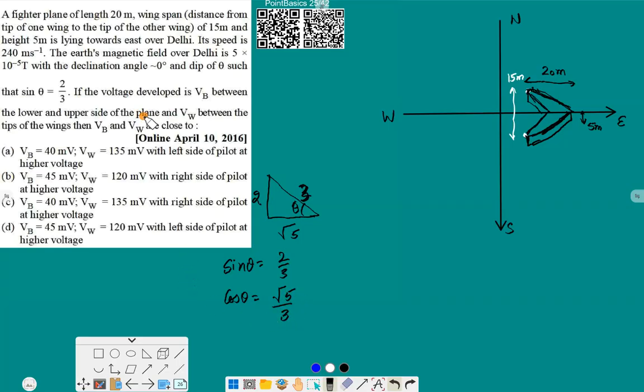Now we know that in case of Earth, you need to remember that the magnetic field actually moves from south to north. When we have a normal magnet, then magnetic field is from north pole to the south pole.